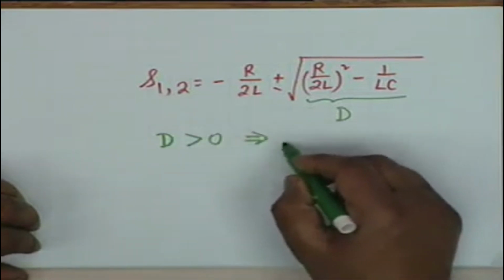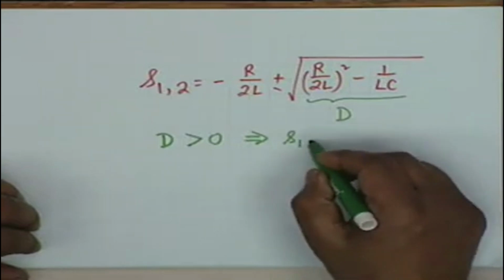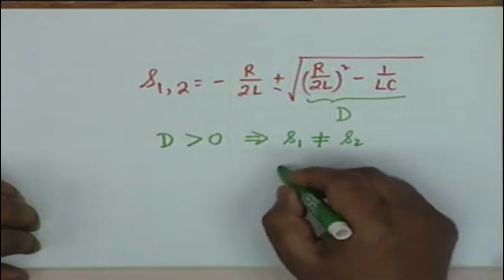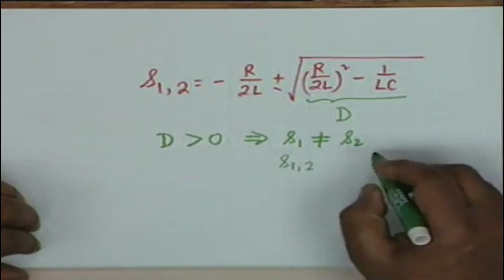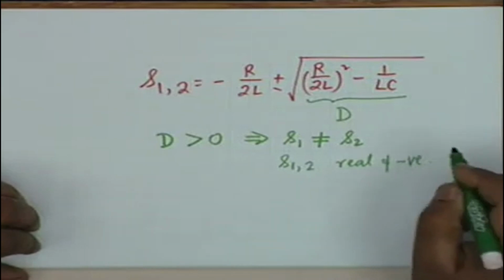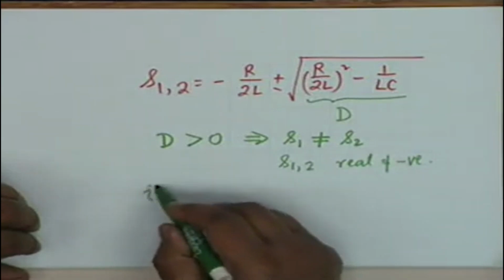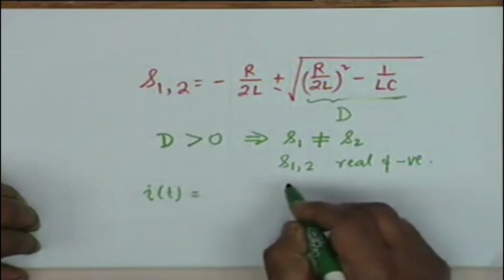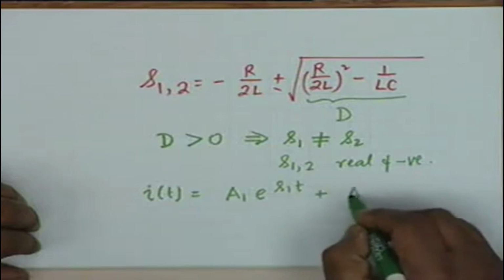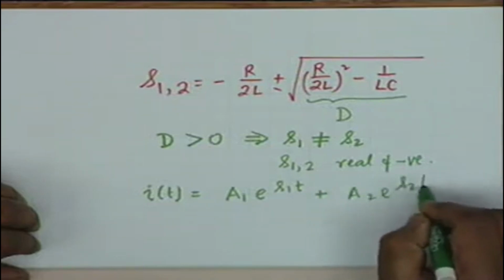This leads to S1 not equal to S2, and both S1 and S2 are real and negative, and therefore the general solution to the current function would be A1 e to the S1t plus A2 e to the S2t.